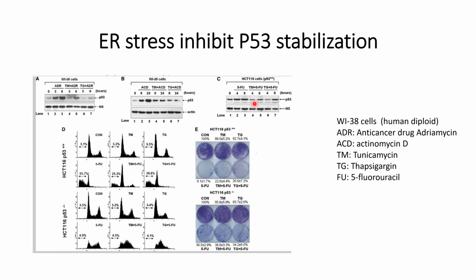However, when they are also treated with TM and thapsigargin, we can see that the expression of p53 is reduced compared to the cells treated with 5-fluorouracil alone. And these findings were further validated with the cell cycle assay.